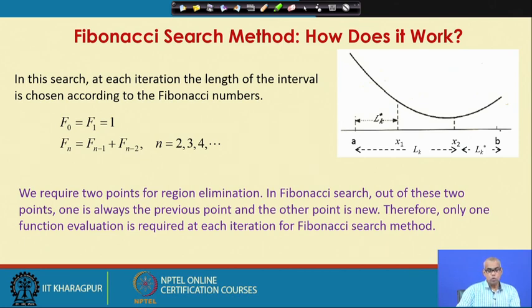When we require 2 points for region elimination, we know this: once the minimum is bracketed, we need 2 points within the interval to eliminate a part of the region. In the Fibonacci search method, out of these 2 points, one is always the previous point and the other point is new. Therefore, only one function evaluation is required at each iteration for Fibonacci search.